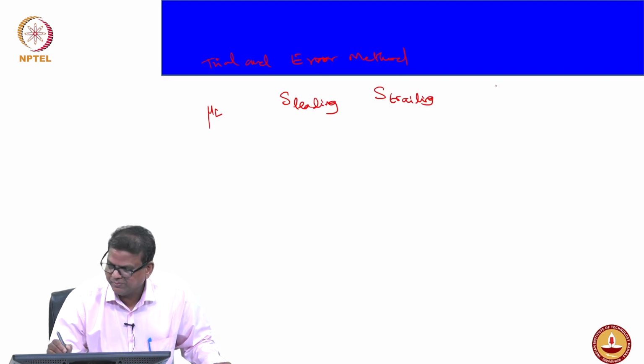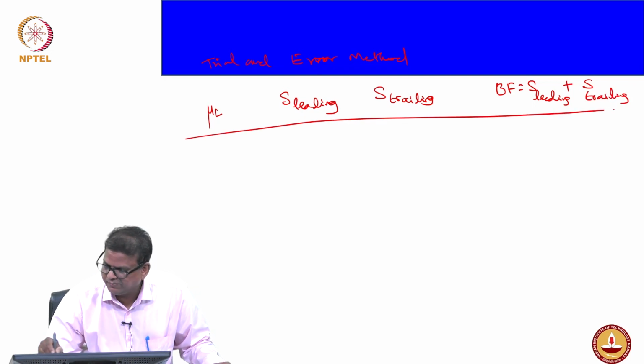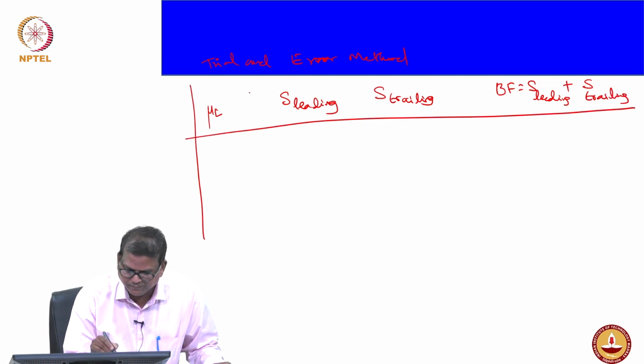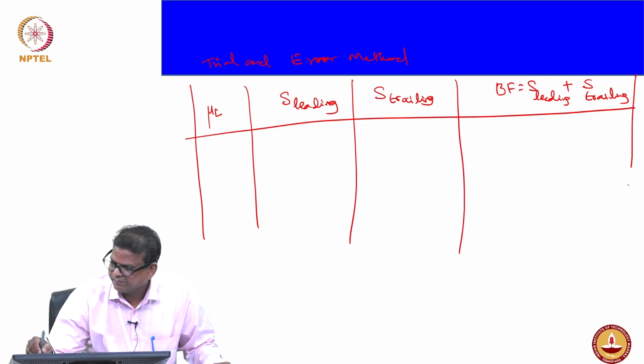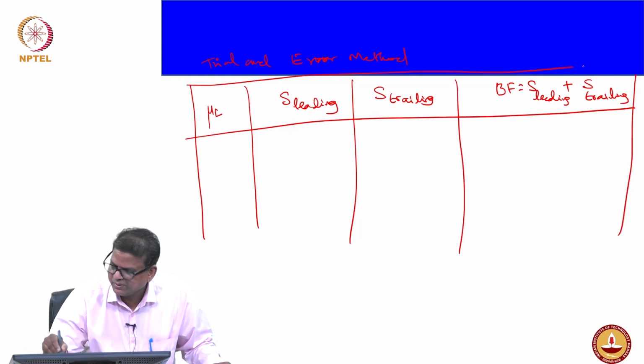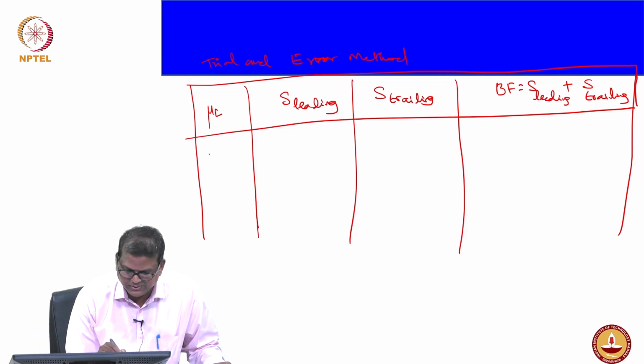Then my braking factor BF equals S leading plus S trailing. So we are going to have a table forming.